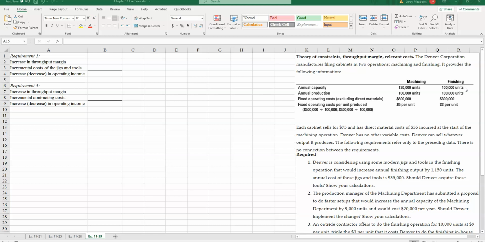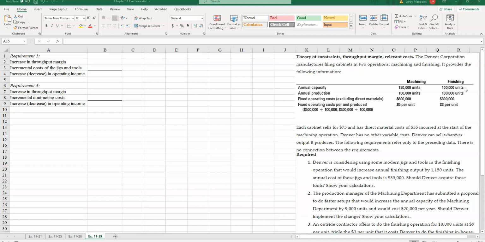The finishing department is our bottleneck because it is the one that's slowing down production. If the finishing department could output 120,000 units like the machining department, then it would not be considered a bottleneck. But because it produces fewer units on an annual basis because of capacity, that is our bottleneck, because that's where we're going to be slowed down.